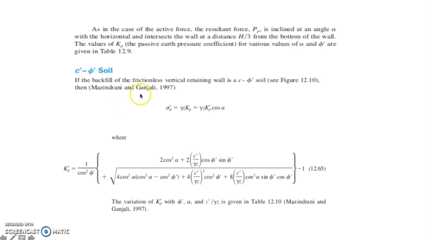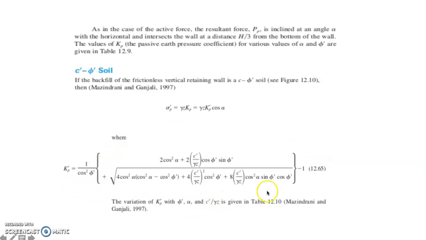And if the backfill of the frictionless retaining wall is similar to what we have discussed in figure 12.10, you can use this equation. So this is sigma sub P, which is equal to gamma times Z times K sub P, or equivalently gamma times Z times K sub P prime cosine alpha. And of course, K sub P prime is equal to this expression.